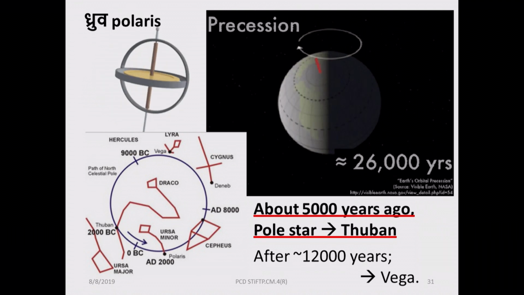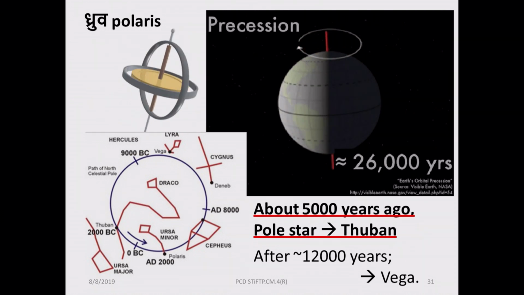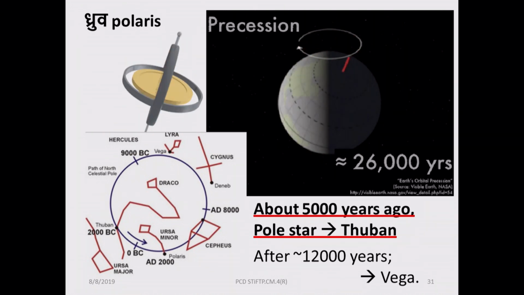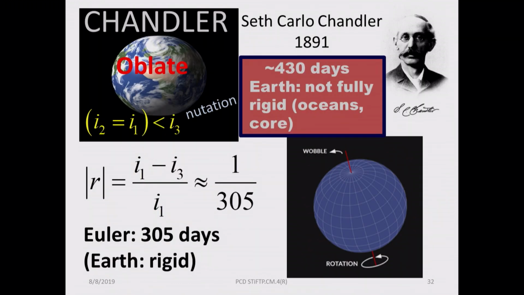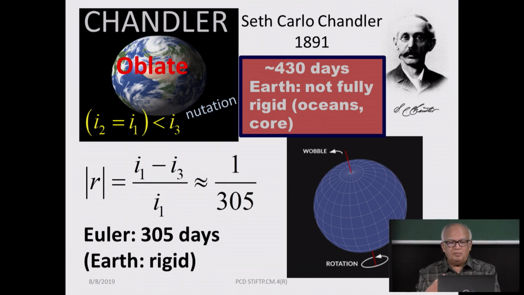So this is the gyroscopic precession, but in addition to this, there is also some wobbling because the Earth has an oblate shape, okay, and in addition to the angular velocity, it has a little bit of nutation because the moment of inertia about the axis is not the same as that in the plane orthogonal to that, through the equatorial plane.